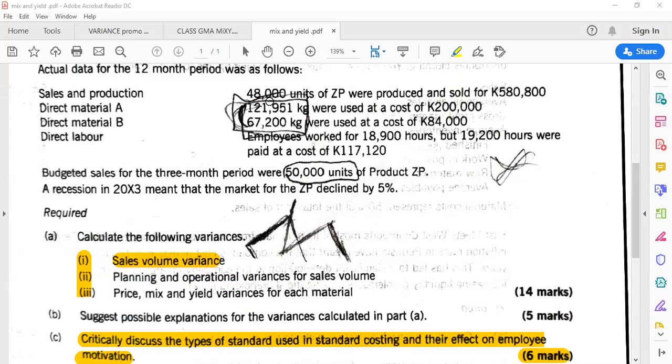So when you're dealing with planning and operational variances, planning is equal to original compared with revised. Then operational, you get revised and compare with actual.